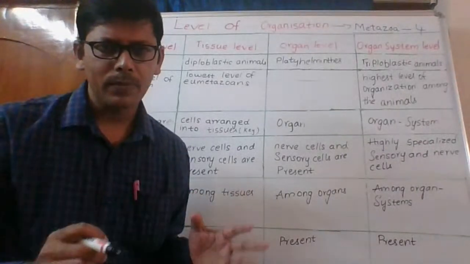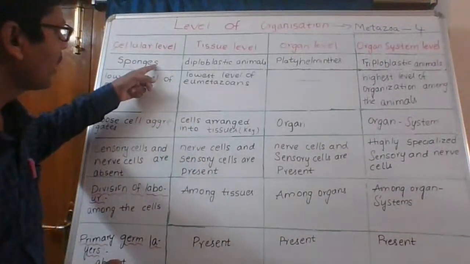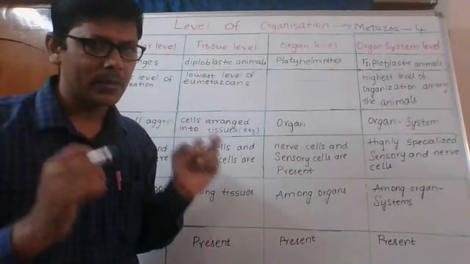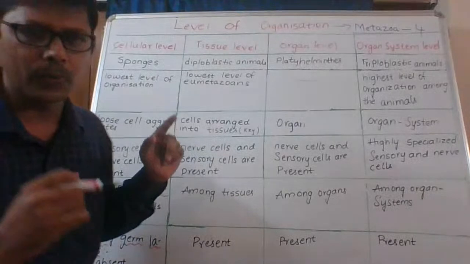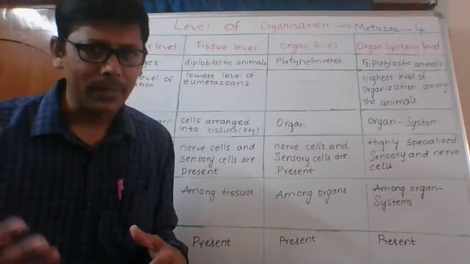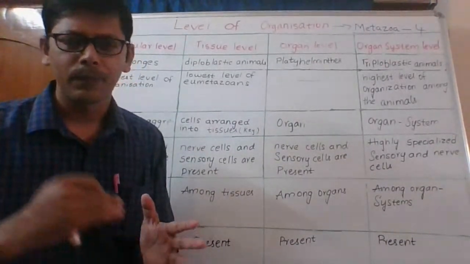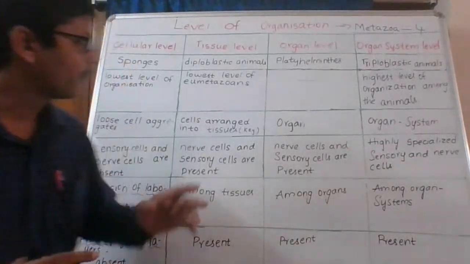In our exams, when they ask the phylum in which cellular level is found, the answer is Porifera. They may sometimes ask for examples: Euspongia, Spongilla, and Scypha.